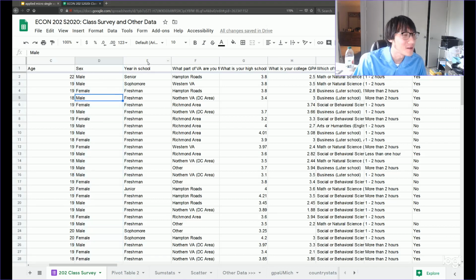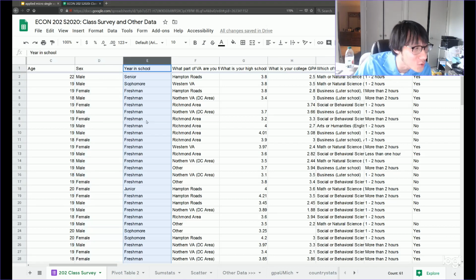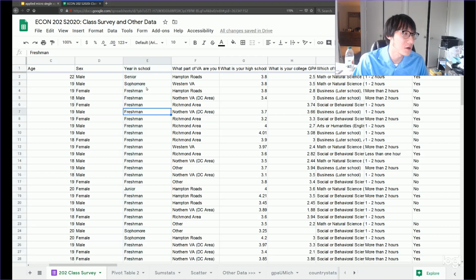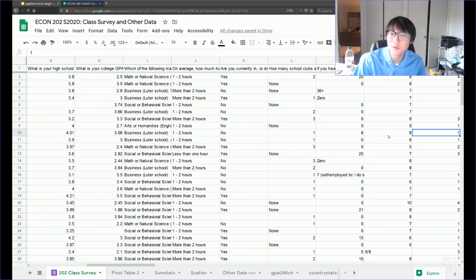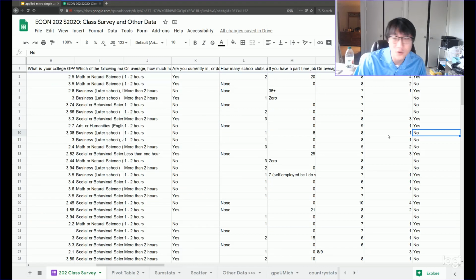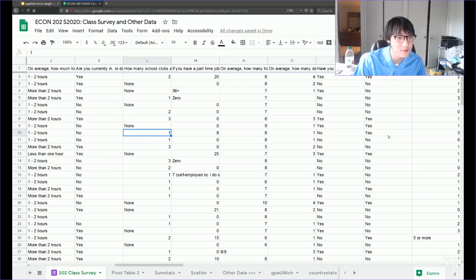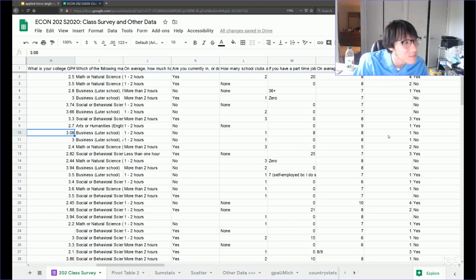Same thing with year in school. There's really only four possible values for that, well, five if you count a super senior. In fact, you see that most of the variables in this particular survey are categorical variables, variables that can take on a relatively small number of possible values.